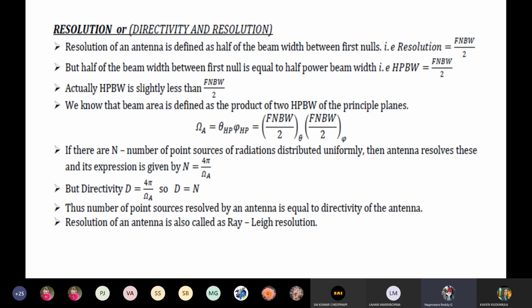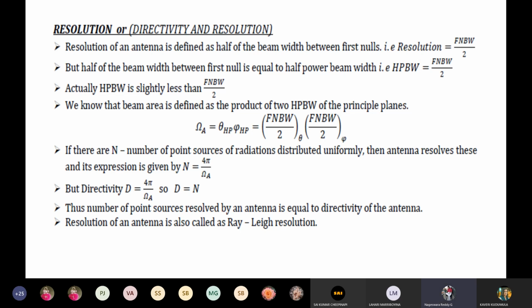Half of the beam width between first nulls is equal to the half power beam width. HPBW is the half power beam width, and FNBW is the beam width between first nulls. So HPBW is approximately FNBW by 2, actually slightly less than FNBW.